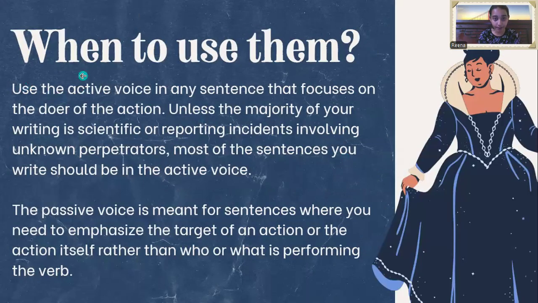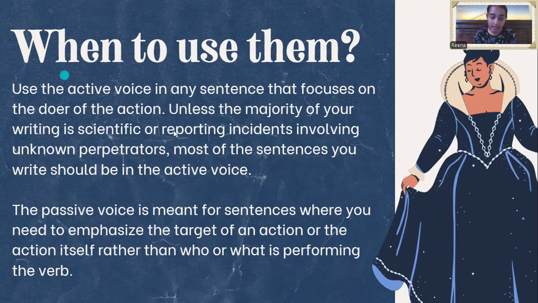So when to use them? When you want the sentence's doer, the sentence's subject, to be focused on, you need to use active voice. And when your sentences are meant to be focused on the target of the sentence, you need to use passive voice.